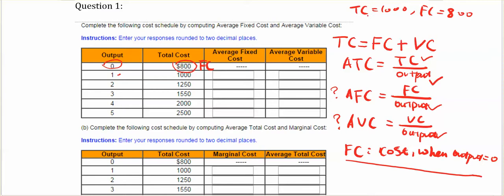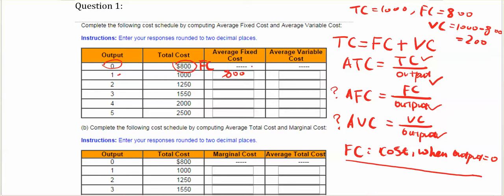So the difference between total cost and fixed cost is 200, which is our variable cost, 1,000 minus 800. So the variable cost is 200 when we have one output. Now, to get average fixed cost, we use the formula fixed cost divided by output. The output equals 1 and fixed cost equals 800.